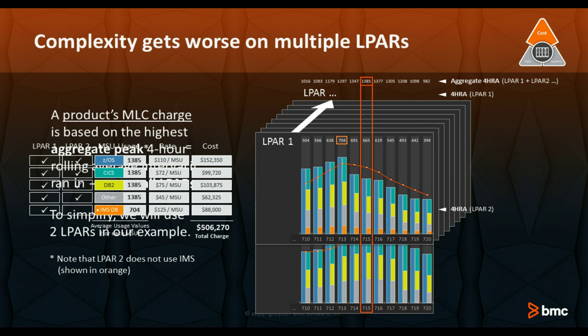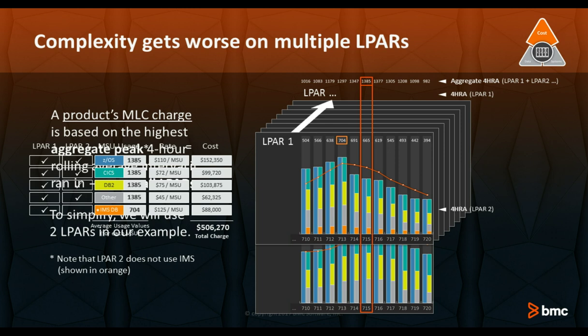So if you start now looking across multiple LPARs, because in this case I was only talking about one LPAR, but let's say that it was running across multiple LPARs. Now I have to worry about the aggregate peak for the rolling 4-hour average across all the LPARs. So let's use two LPARs as an example.